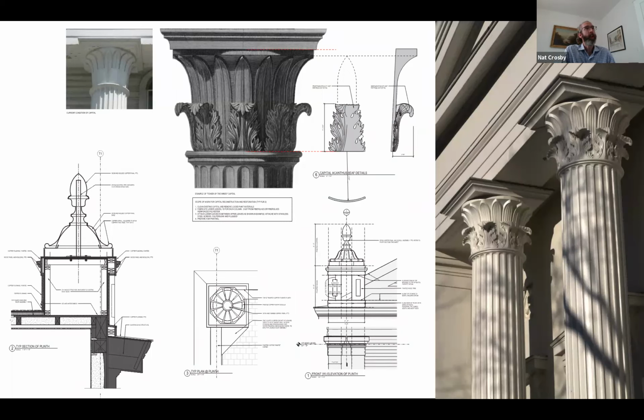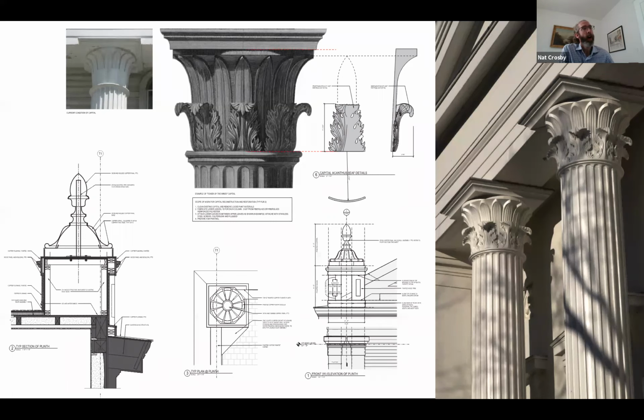But interestingly enough, over the course of the years that this project was in our office, we discovered that there actually was some other information there, and that these were wood acanthus leaves that had been rotted and struck off at some point and parged over, which gave it its kind of Egyptian look.